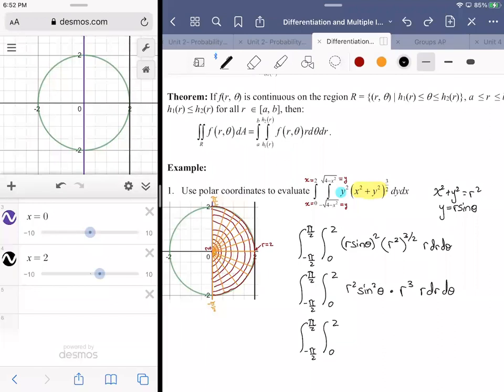We're looking at r to the 5th sine squared theta times r dr d theta. So it's really r to the 6th if I combine steps. All right, so we're getting that from here, here, and here.